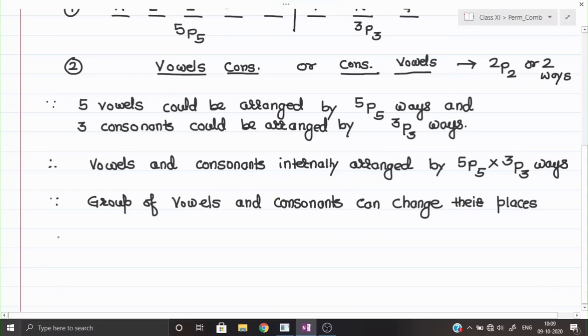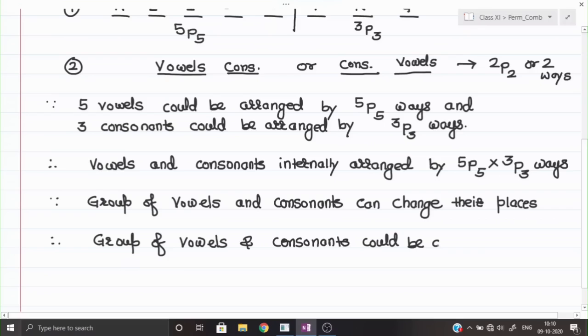Okay, so therefore the group of vowels and consonants could be arranged by 2P2 ways, 2P2, or you can say 2 ways. 2P2, if you solve it, will come the same only.